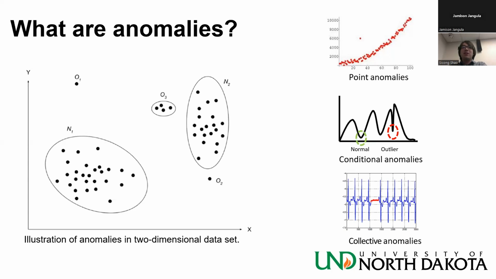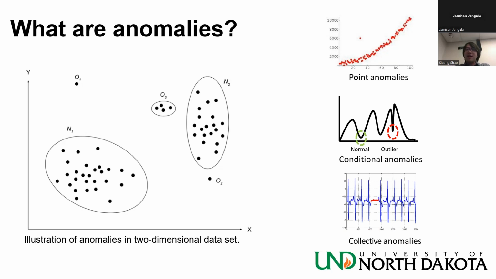We can usually divide anomalies into three different types. First, point anomalies. If an individual data instance can be considered anomalous with respect to the rest of the data, then the instance is termed a point anomaly. This is the simplest type of anomaly, and the majority of research focuses on point anomalies.